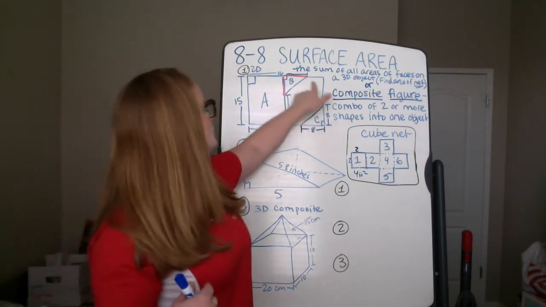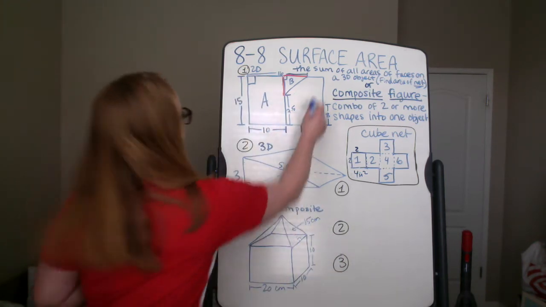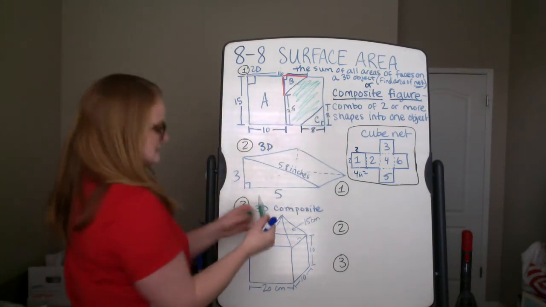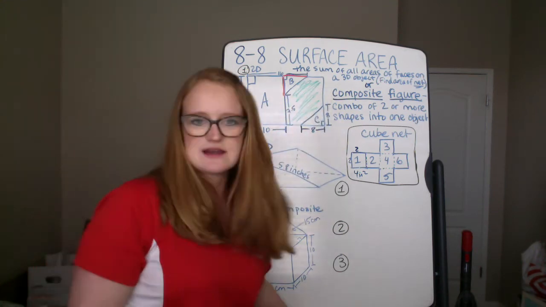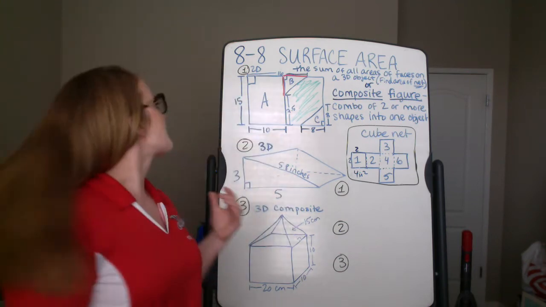In other words, this whole part is going to be grass and we don't want to cover that part in concrete. So we only want to find the area of A, B, and C. So this is kind of surface area, the surface area of a 2D composite figure.